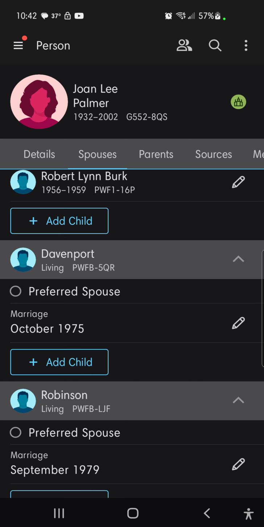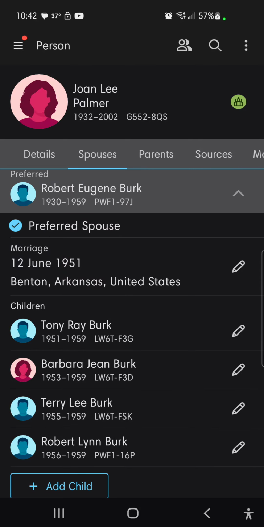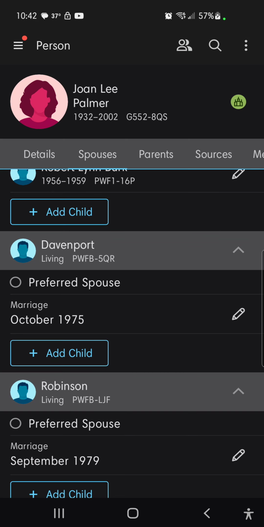She might have applied one to two months after being married. So we're going to see what that leads to with further searches on Ancestry. But this I just wanted you to see and understand. I'm marking him as a preferred spouse simply because she had children with him. She did not have time to have children with the two-month marriage husband, Mr. Stein, and we'll see what happens with the rest of these spouses.